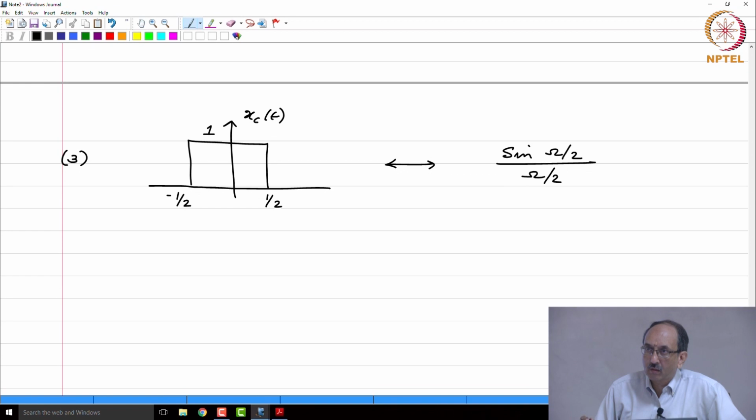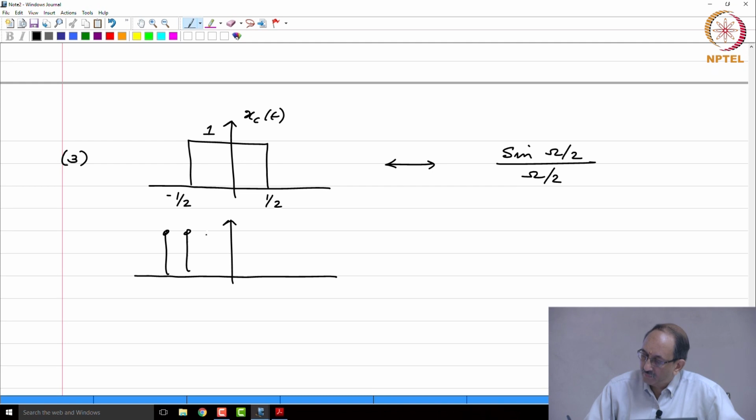This is not band limited, and hence if you sample this you will get aliasing. What we are trying to do is relate this discrete time sequence between minus N to plus N.